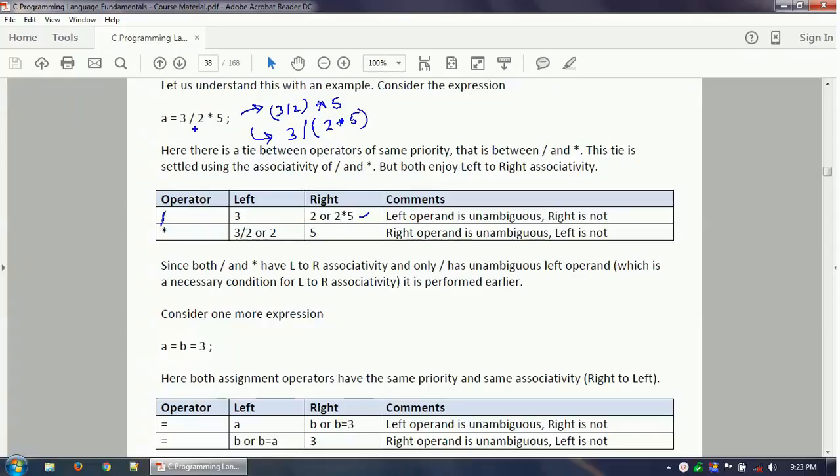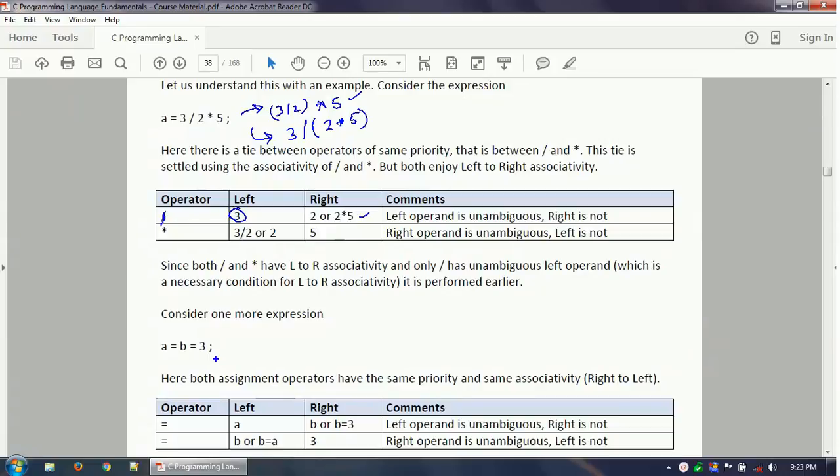But since these operators have left to right associativity, the division operator will be evaluated first because it has the left operand unambiguous. See, it's only 3, but here the right operand is not unambiguous because it has an expression. So that is why this particular path is the correct path.